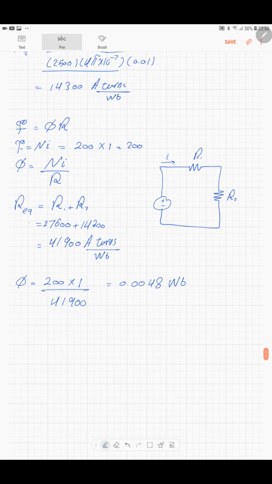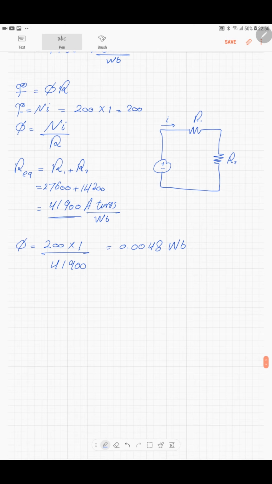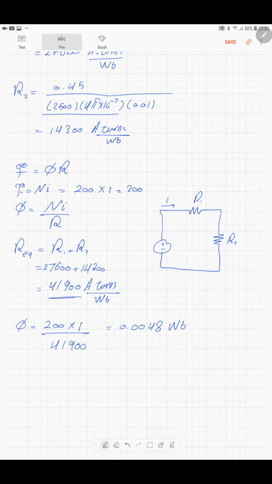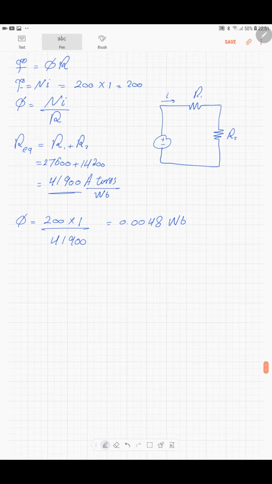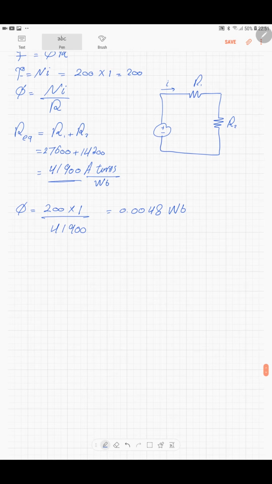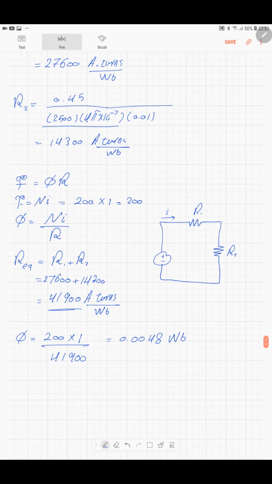Now we have the R equivalent, this value, and now we can get phi. Since F equals phi times R, phi equals Ni divided by R. And here we can get phi with 1 ampere input current. This is what we have here in the example.